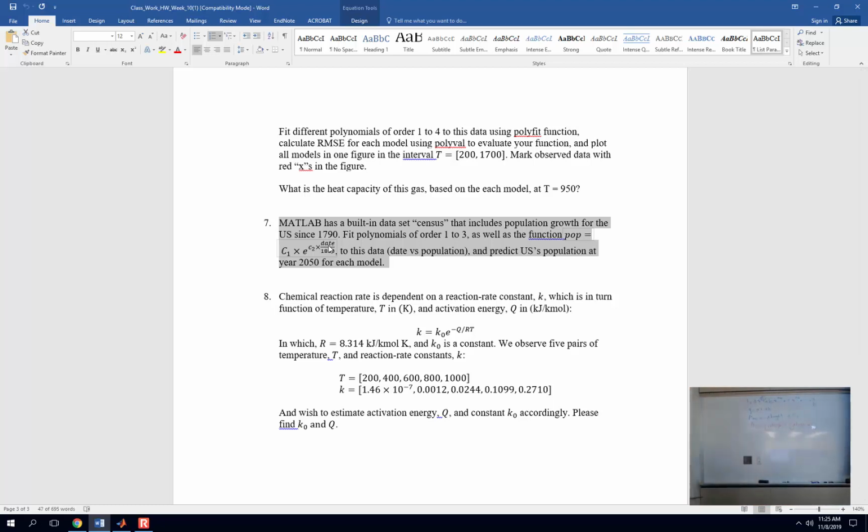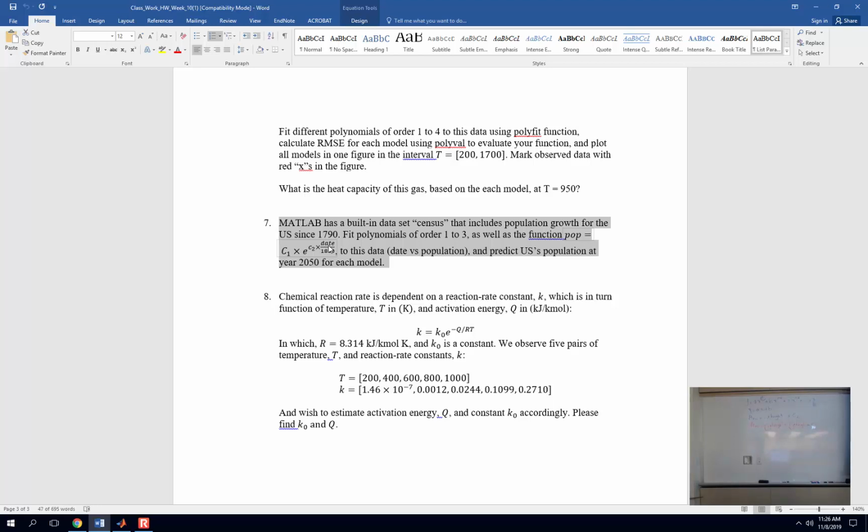Is this a linear equation with regard to C1 and C2? No. Can you make it linear? You should. So take a few minutes to make this linear, find C1 and C2, and predict the US's population at year 2050. Okay, so it looks like you're going to use polynomials as well.